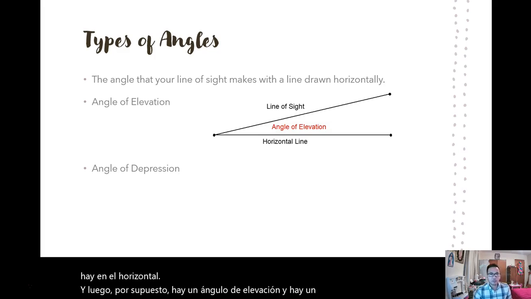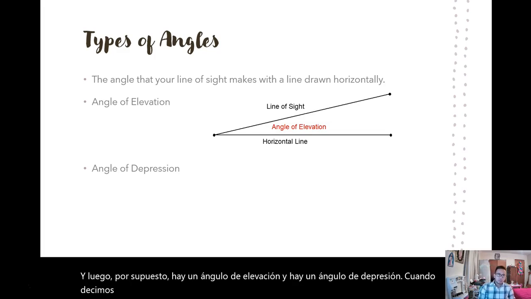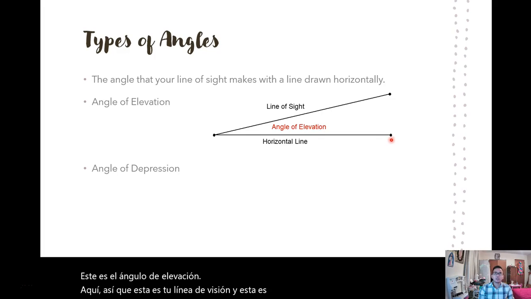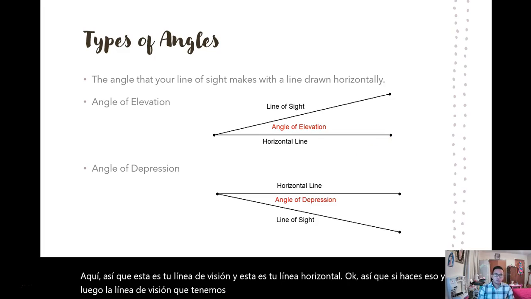When we say angle of elevation, as you can see here, this is the angle of elevation. This is your line of sight, and this is your horizontal line. And then we also have the angle of depression.